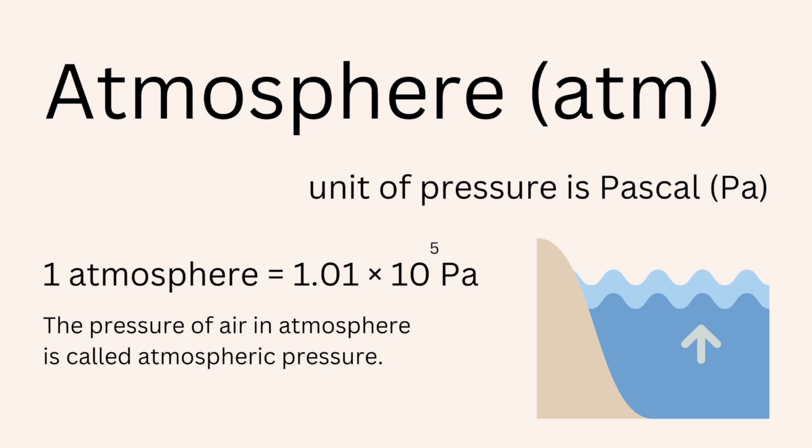So when you try to simplify this, you will end up with 10 power 5 pascal itself, because 1.01 you could approximately round to 1, right? And 10 power 5 Pascal is what we usually say as atmospheric pressure. So what exactly is this atmospheric pressure? The pressure that air exerts in atmosphere is atmospheric pressure.